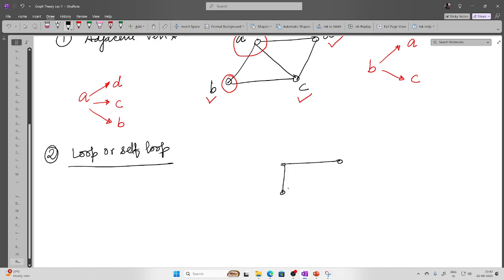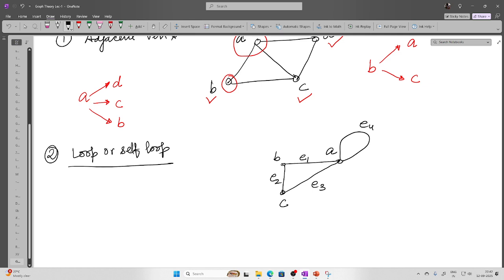Consider this graph. Here, everything is fine except this edge. So, if this edge is E1, this is E2, this is E3, and this is E4, then this edge E4 is called as a loop.